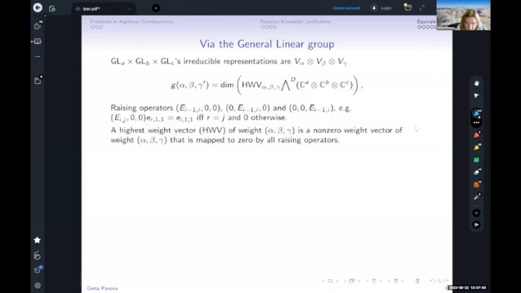And so what are these highest weight vector spaces? These are the vector spaces of vectors which are annihilated by the raising operators. And the raising operators are E_{i-1,i}. So these are the matrices with only one entry at row i minus 1, column i, applied to our vectors.